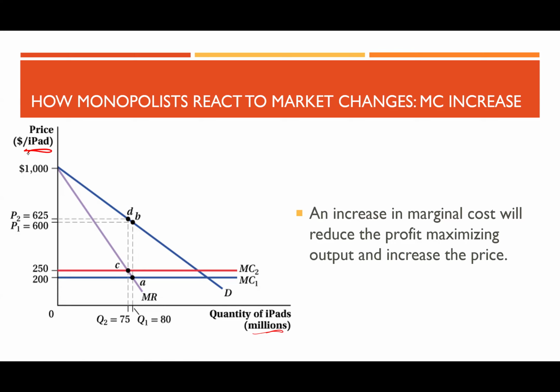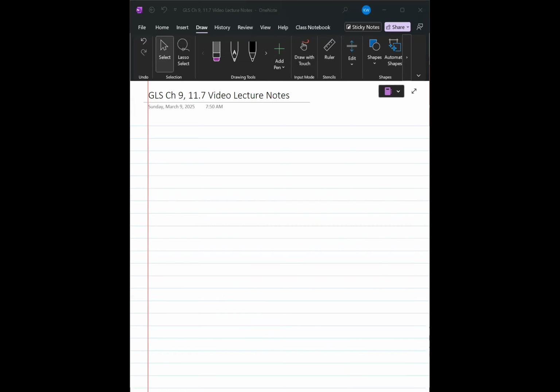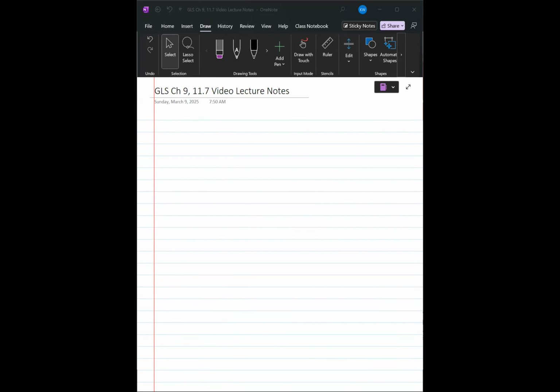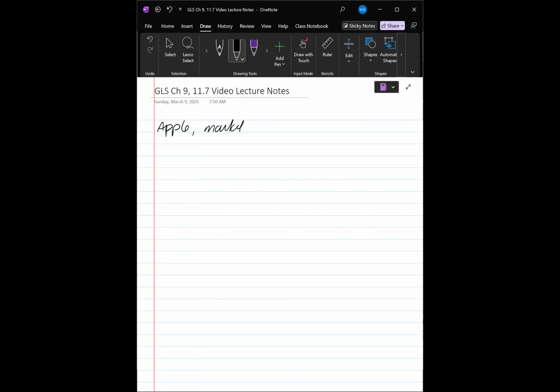So if we go ahead and move over to our notebook, we can jump into some of these practice problems. All right, so we're going to again look at Apple, who we're saying is a monopolist in the market for iPads.